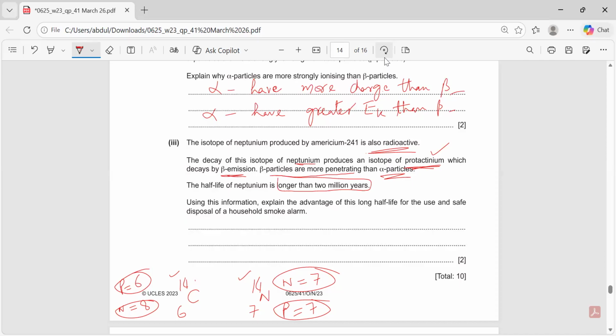Using this information, explain the advantage of this long life for the use and safe disposal of a household smoke alarm. When it is mentioned that it has a long half-life, it means its initial activity is less. What does it mean by activity?